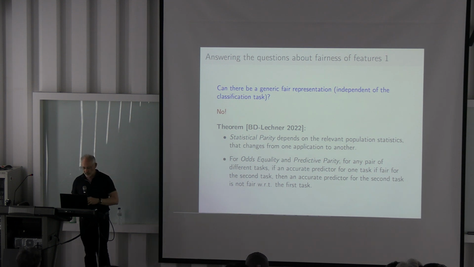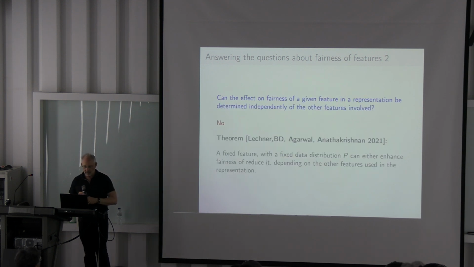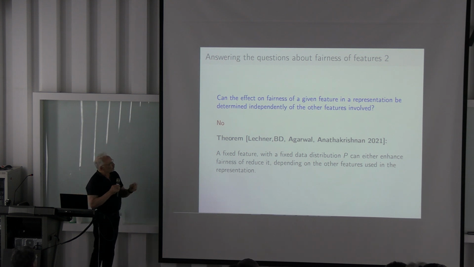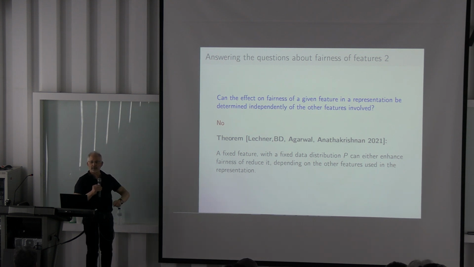We could also show, I think we have it in the next slide, that for every fixed feature you cannot tell which way it will help fairness or hurt fairness, because it depends on the other features in the representation. You cannot just say this single feature, brilliant, or criminal record, will help or hurt. It depends on what the other features are. So we have results that show that this cannot be achieved.